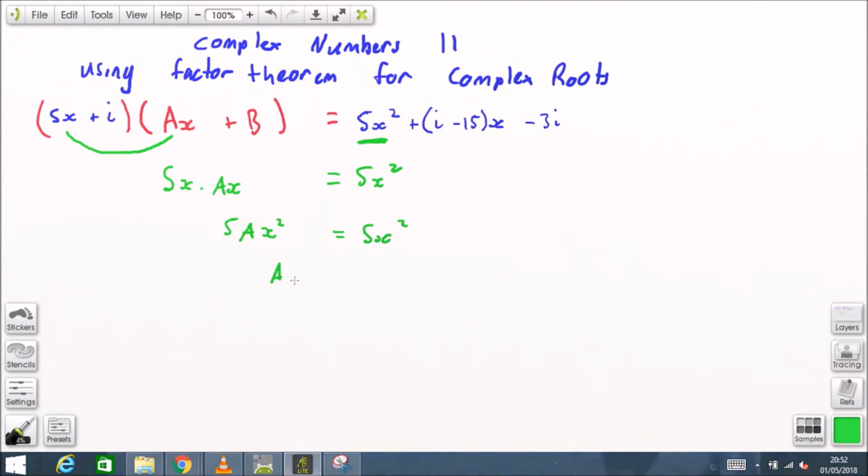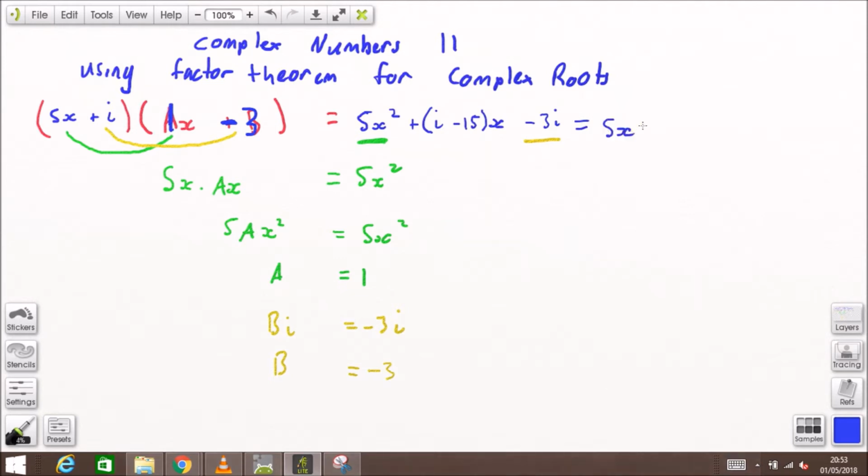This leaves only a equals 1 as a possible value for the a value. Once again, the constant term, negative 3i, can only come from multiplying i and b, which leaves us with b having to equal negative 3. So our other bracket will be equal to x minus 3.